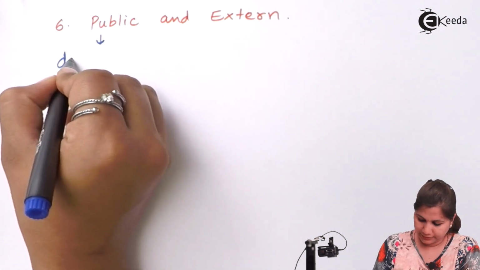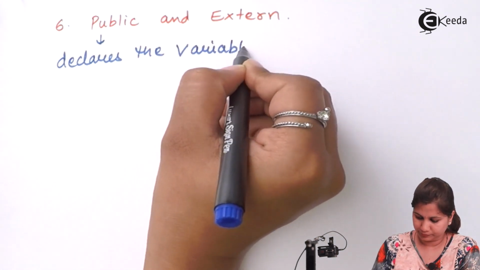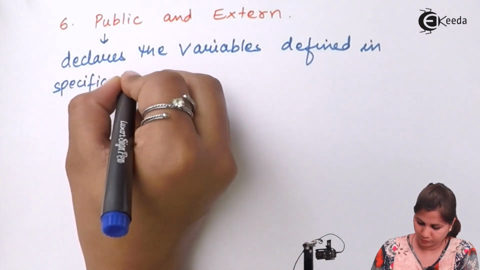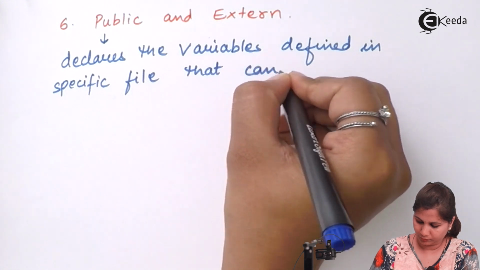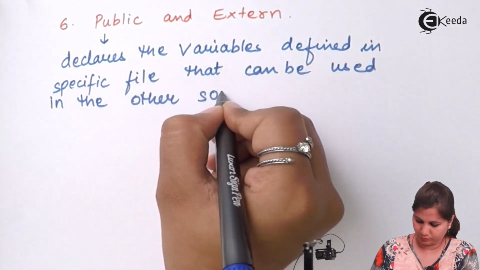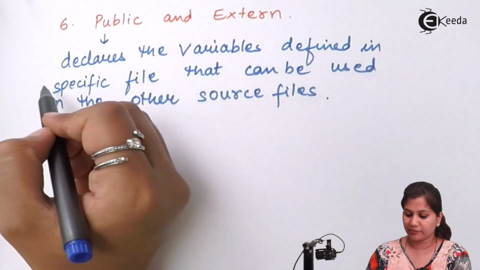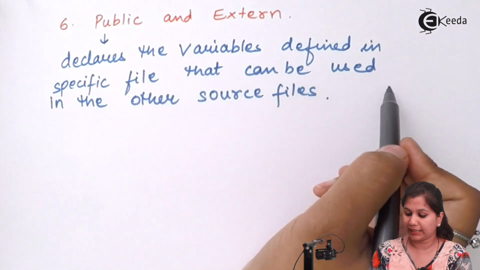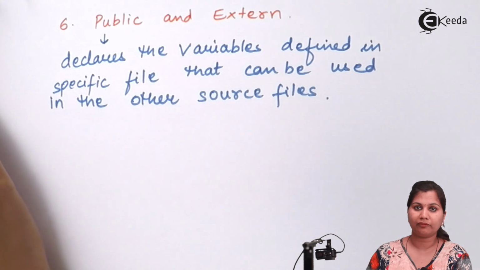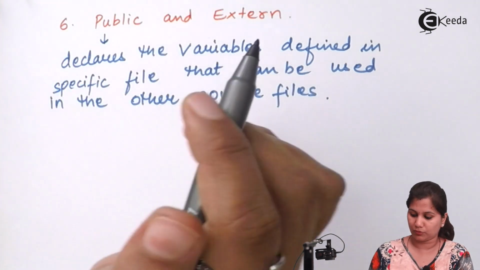So public declares the variable which is defined in a specific file and that can be used in other source files. Okay, we have defined that variable in one file and now we are using that variable in other files also.